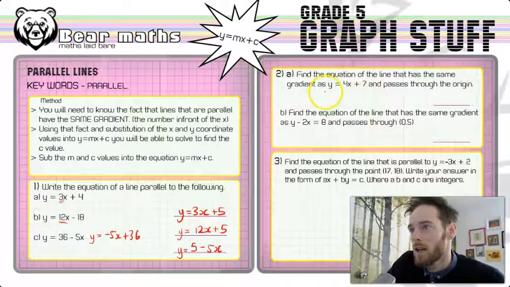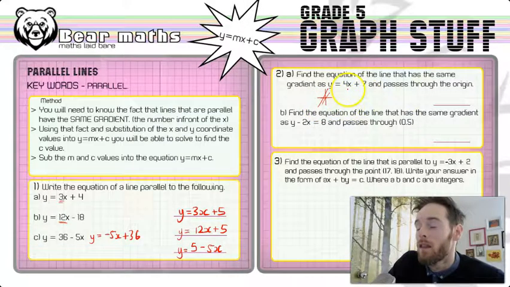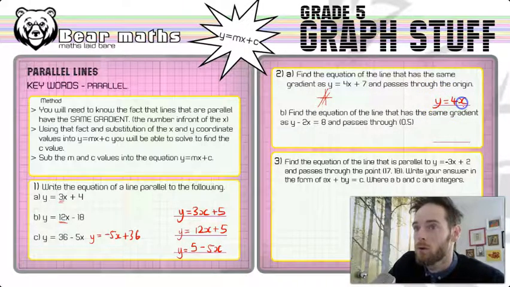If this is the sketch of y equals 4x plus 7, we're going through the origin. That will have no number on the end of the equation. It's just y equals 4x. It's got to have the same gradient. And there you go. That's good enough.